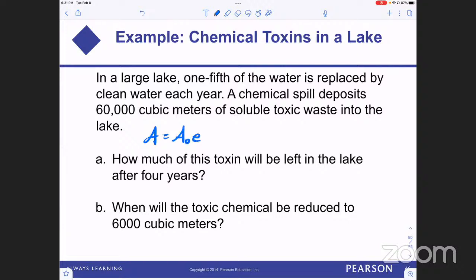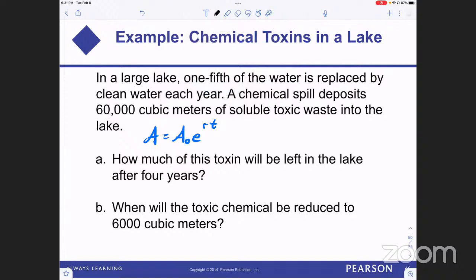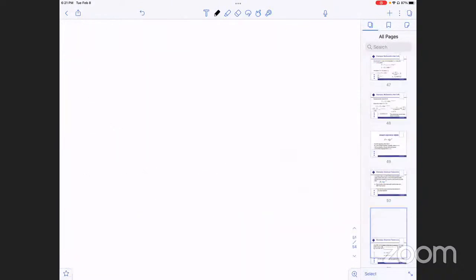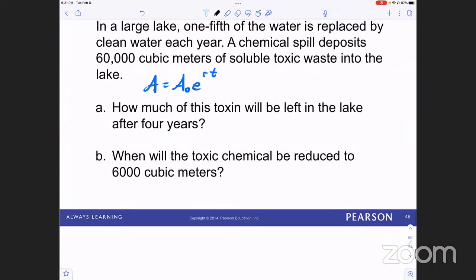A naught e to the, I'll just say RT, all right? How much of this toxin will be left in the lake after 4 years? Okay, so let's see if we can plug in the different components. Replaced by clean water each year.